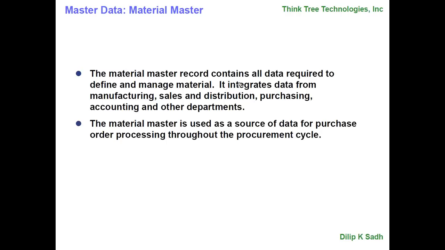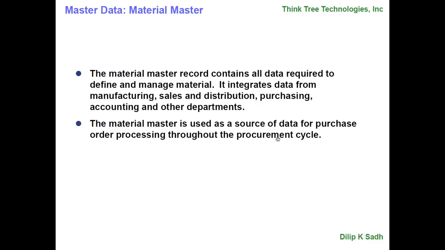Material master is a central record in SAP for all the different types of products, items, and materials we are buying. It could be a finished good, raw materials, semi-finished good, assemblies, packaging item, services. All those different kinds of materials are stored in SAP in the form of a material master record.